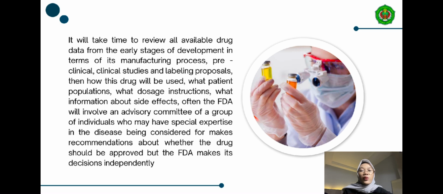Often the FDA will involve an advisory committee, a group of individuals who may have special expertise in the disease being considered, to make a recommendation about whether the drug should be approved, but the FDA is the decision maker independently.